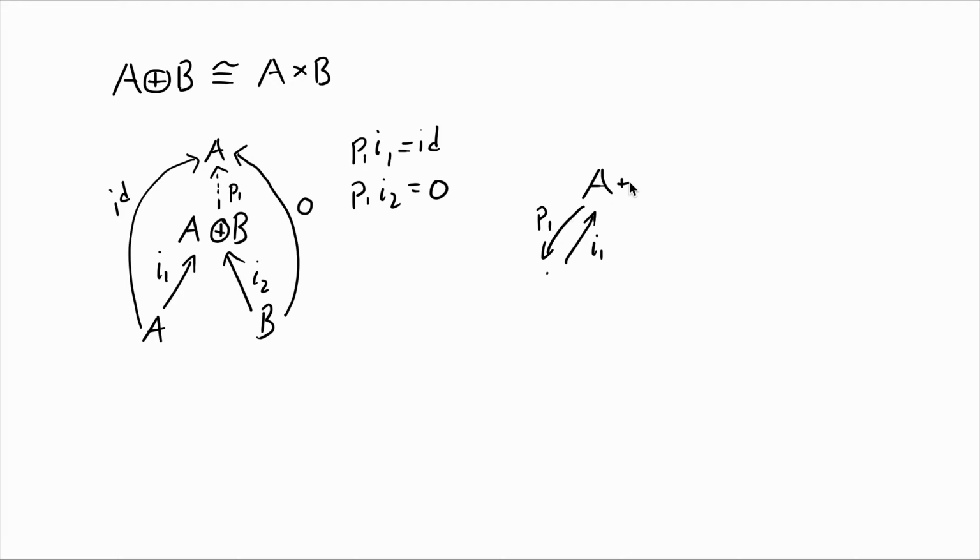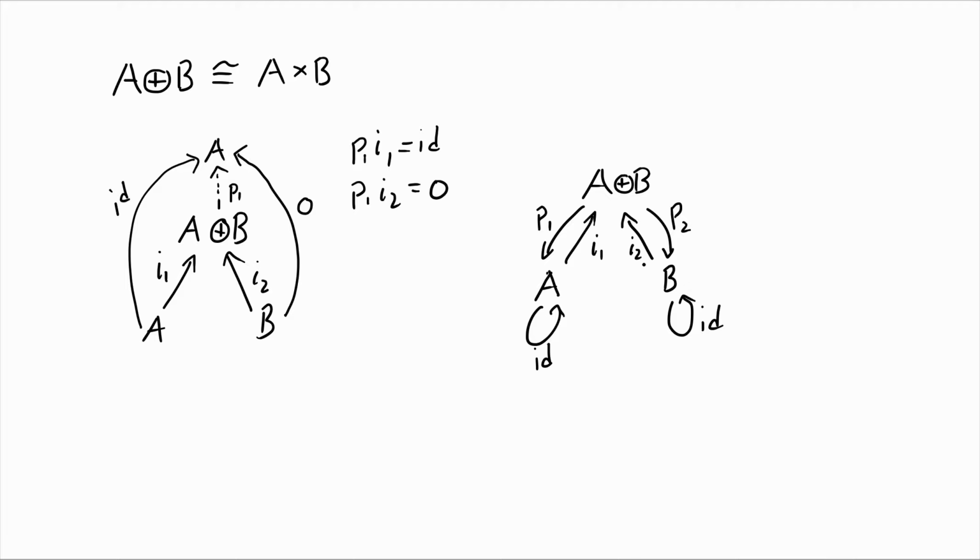That's A plus B, back to A. And likewise, we could define a map P2 that does the same type of thing by analogy on the other side, P2 coming back down to B. Such that if we run I1 then P1, we should have the identity right there. Similarly, we should have the identity right here.